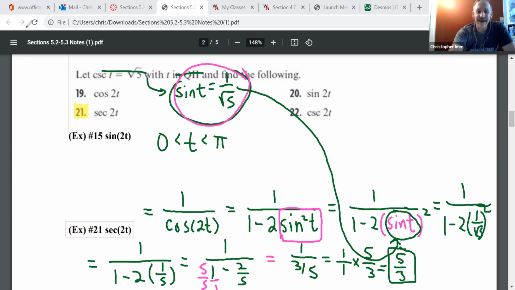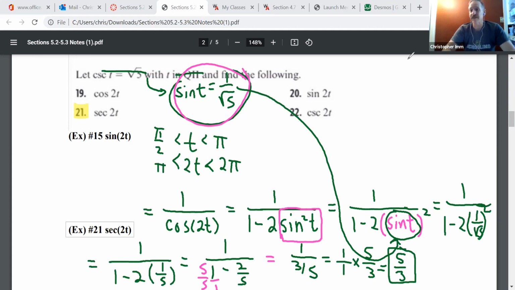If I double that, 2t is double 0 to double pi. I need to be careful here, because if I'm in quadrant 2, then my bound there is pi over 2, right? It goes from 90 to 180 degrees. So if I double that, then I'm somewhere between pi and 2 pi.